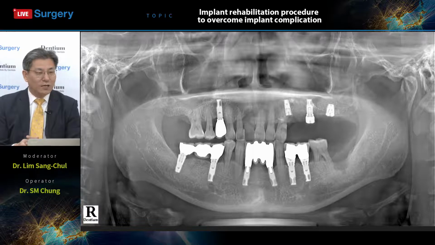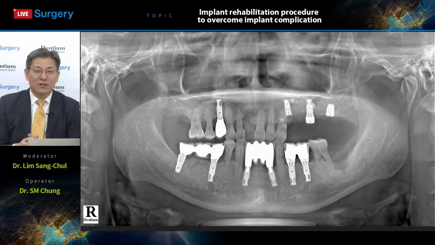And 27 was a tough situation with the septum and poor accessibility and visibility. But even in this tough situation, Dr. Zhang did a very nice sinus augmentation with simultaneous implant installation.